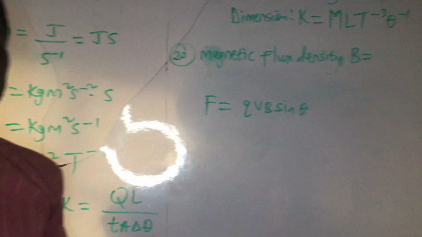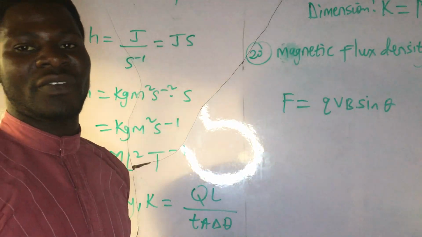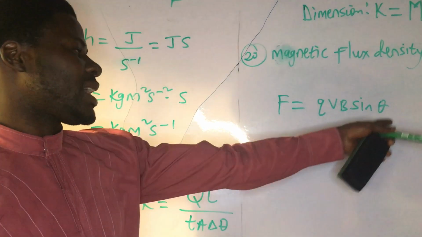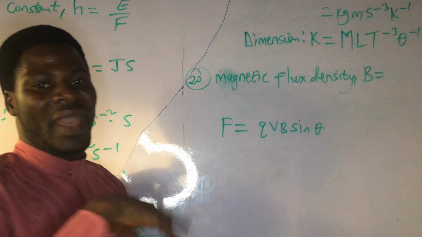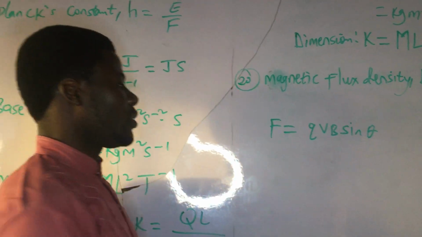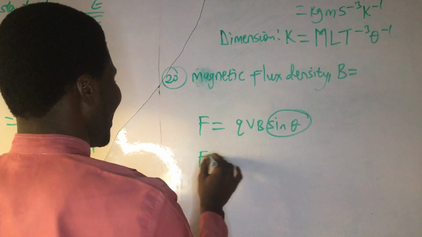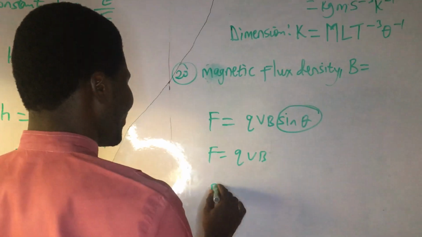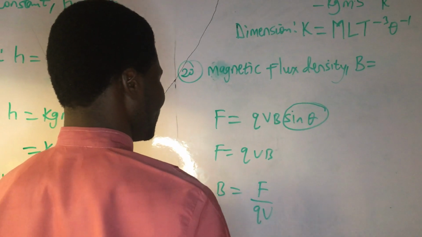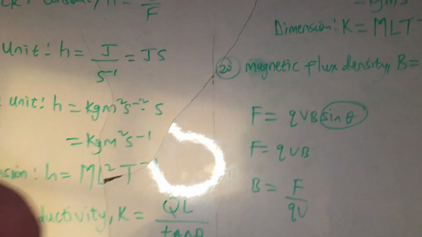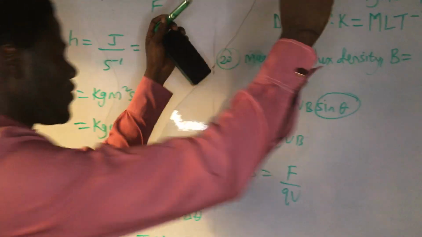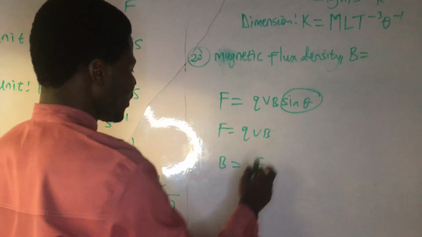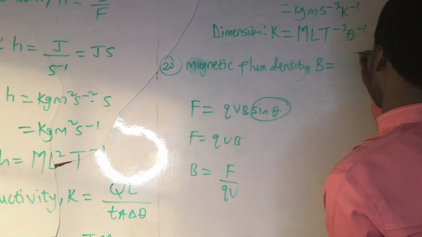If the charge enters perpendicularly to the field, theta becomes 90, and sine will give us 1. Or better still, sine, cosine, tan of any angle does not have unit. Okay, so we don't need this one. Let's just go by F equals QVB. So from there, B will be what? F over QV. Okay? So let's use that. F over QV.